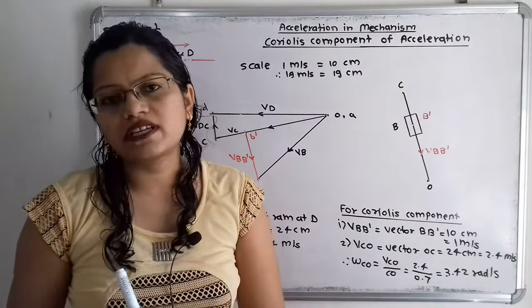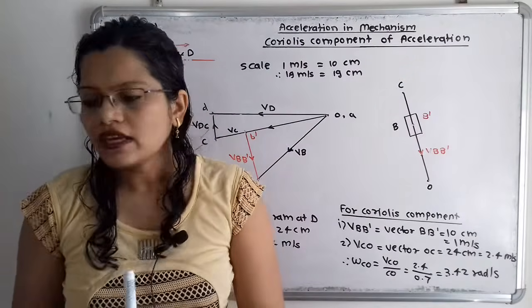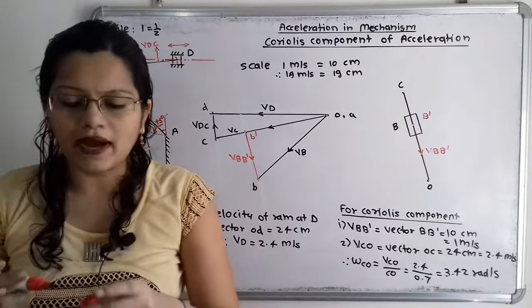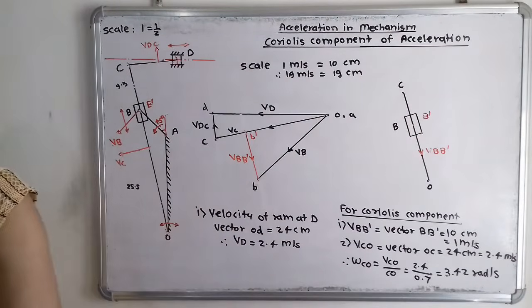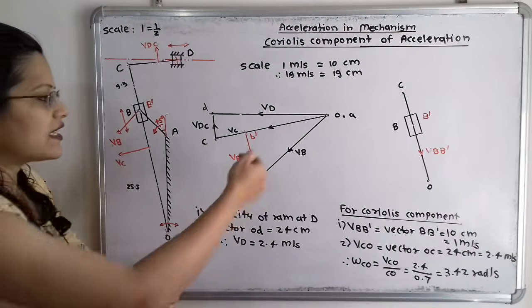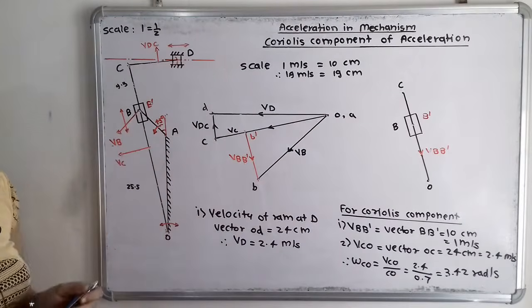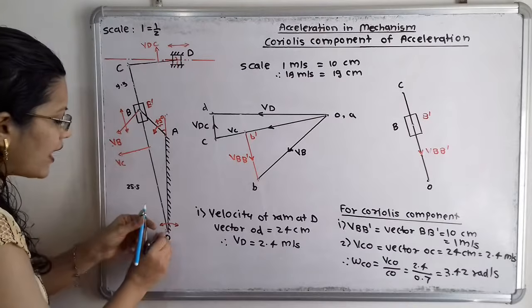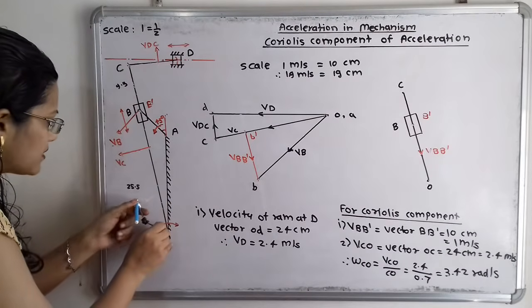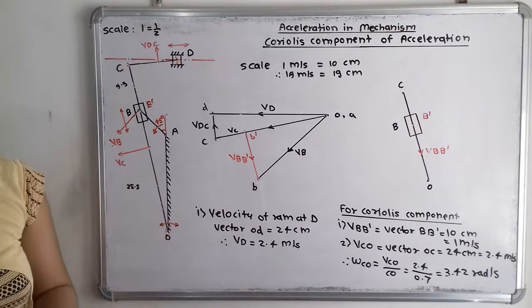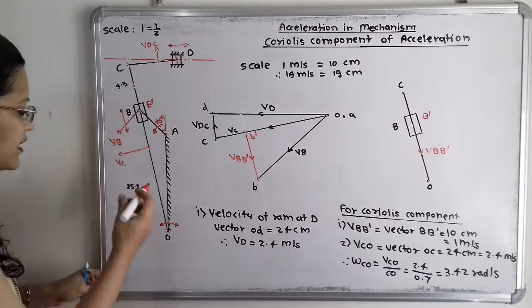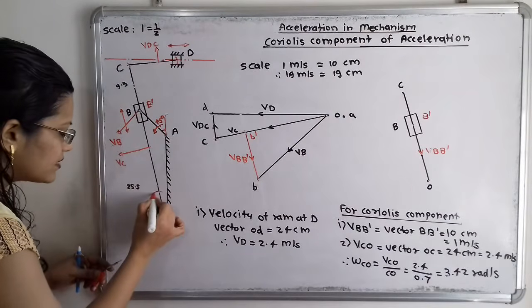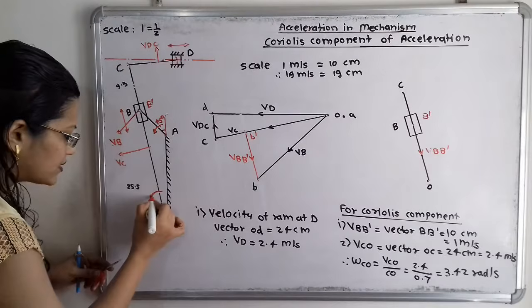So what about the direction? Now with the help of a compass we will decide its direction. We know the direction of velocity is towards the left hand side. O is the fixed point, so I will take O as a center and move the compass in the direction of the velocity. If I move the compass, this direction is the anti-clockwise direction.